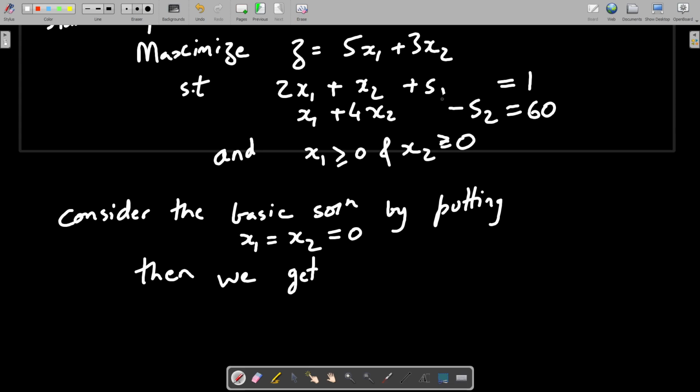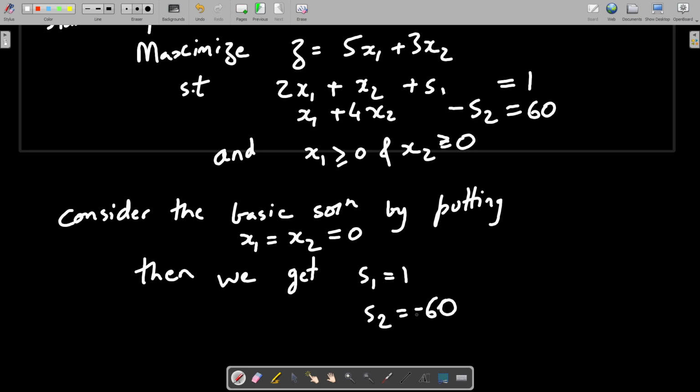Now in this case we have two equations and 4 variables, right? So 2 variables are extra, so we used to put those extra variables as 0. Correct, no? Okay, so we put the extra variables as 0 and we used to get S1 is equal to 1 and S2 is equal to, in this problem we are getting minus 6. So is this solution feasible? No, right? We have a negative value here.